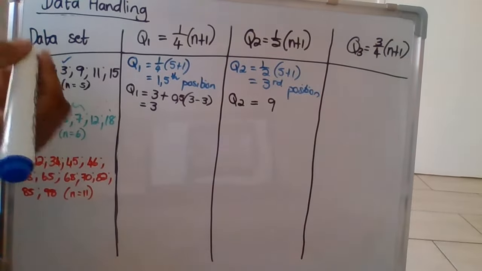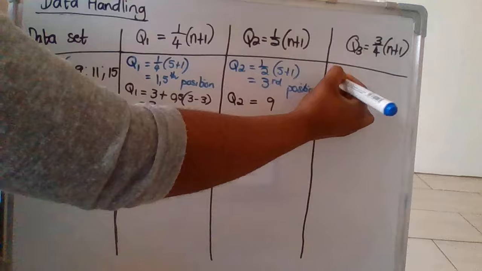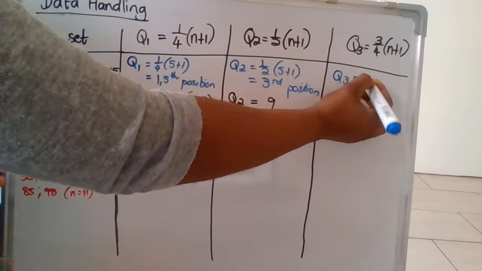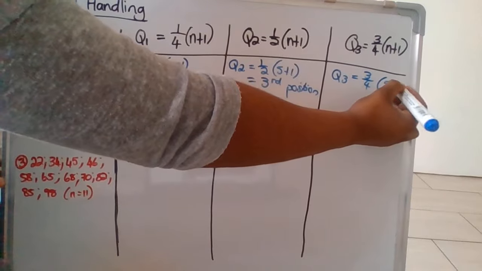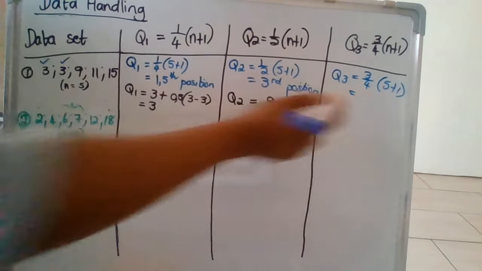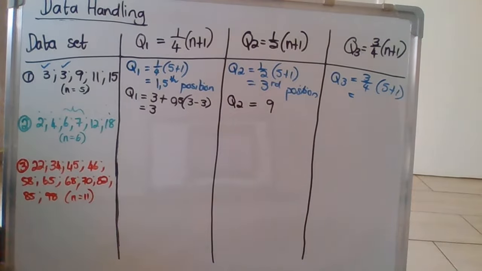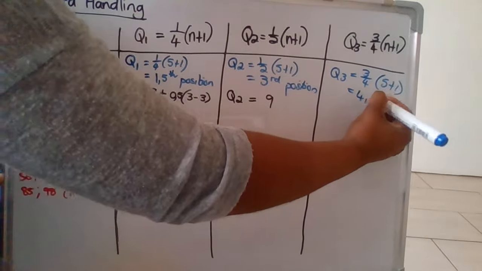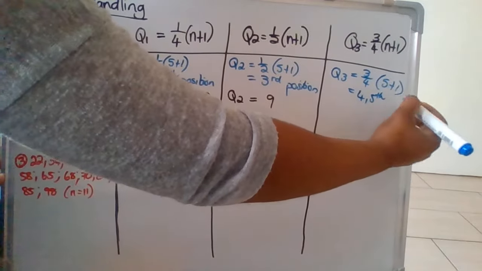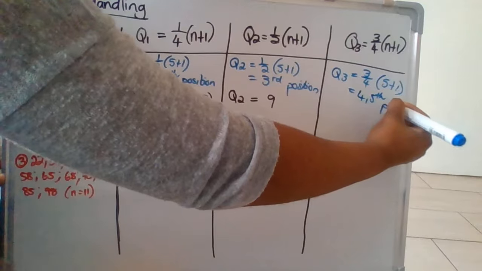And my upper quartile, it's 3/4 times 5 plus 1. And the answer here is 3 times 6 divided by 4. So the position lies between the 4th and the 5th position.